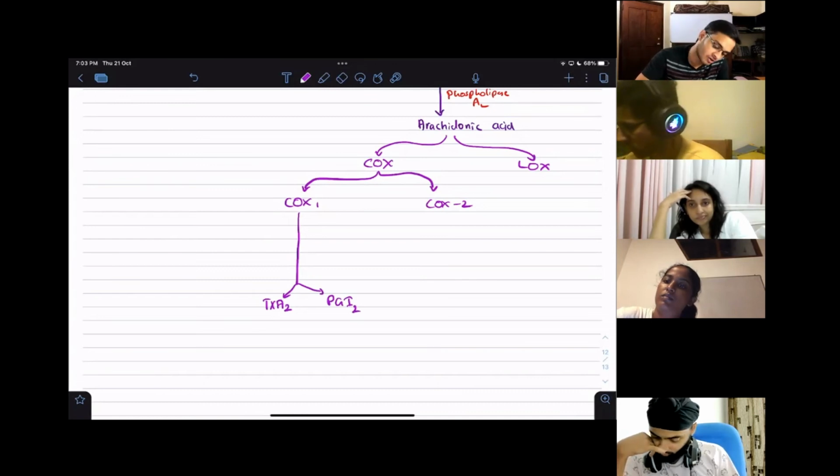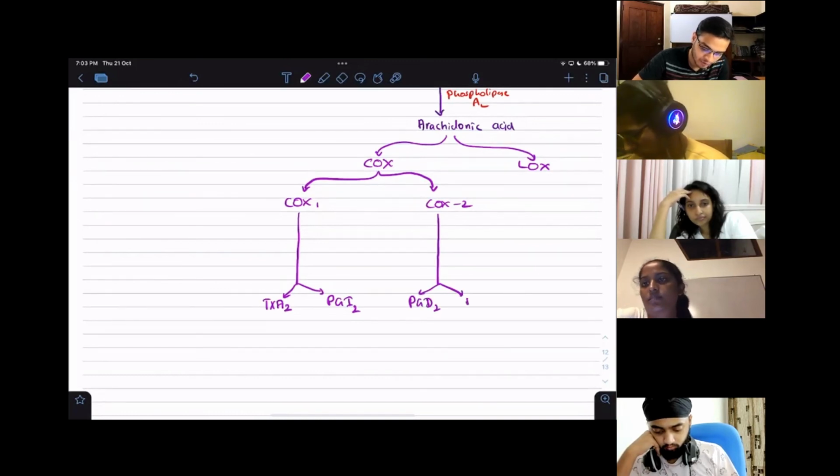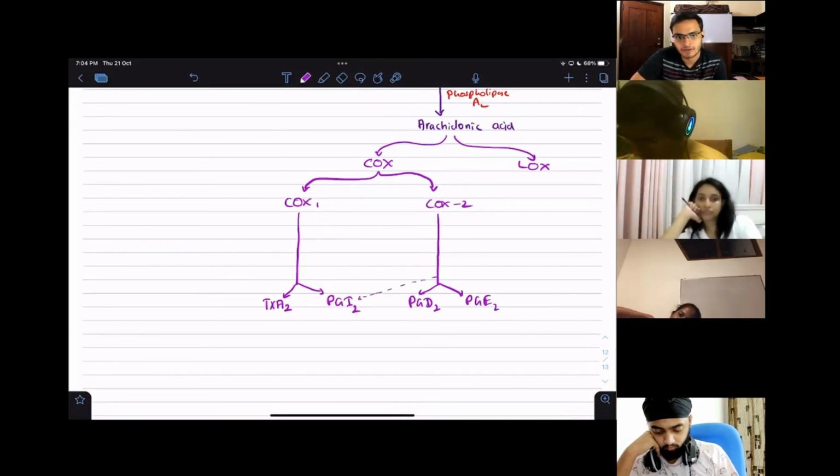Cyclooxygenase 2, COX-2, mainly produces prostaglandin D2 and prostaglandin E2, and there is a little bit of function in producing I2 as well. Okay, this is the major cyclooxygenase pathway.